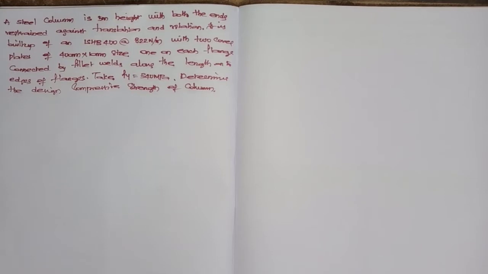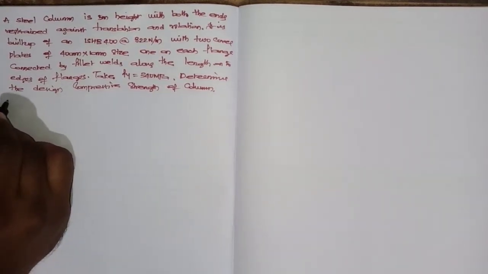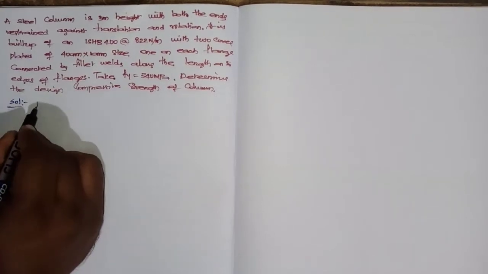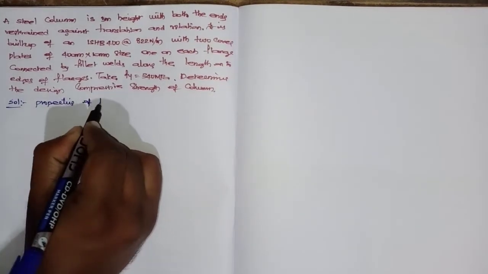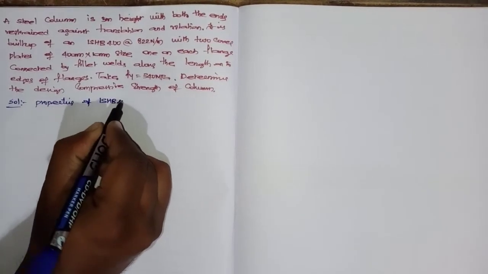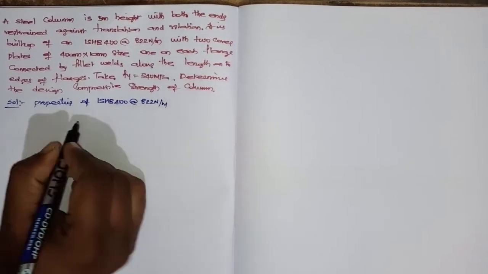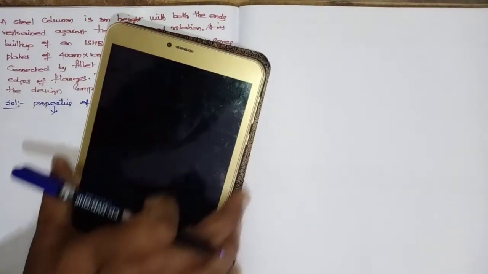So first we write the properties of ISHB 400 at the rate 822 Newton per meter. You will be getting these details from the steel table.